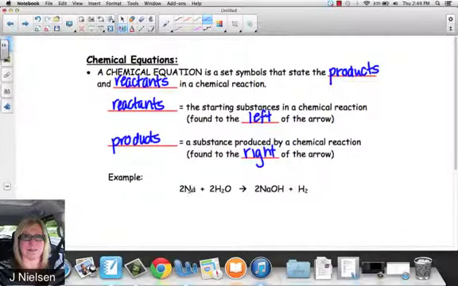So in looking at the reaction below, sodium and water are my reactants because they are to the left of the arrow, while sodium hydroxide and hydrogen gas are my products.